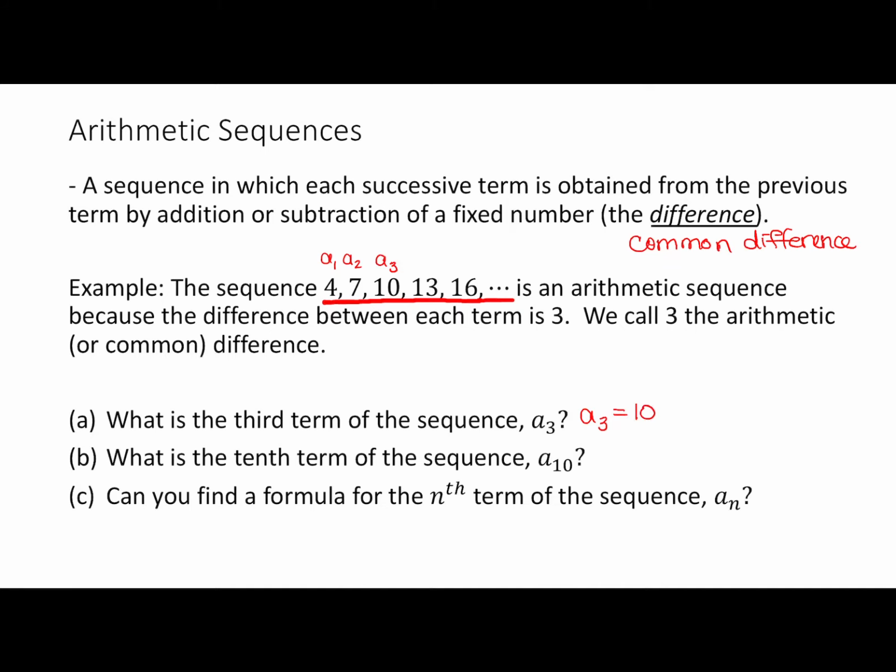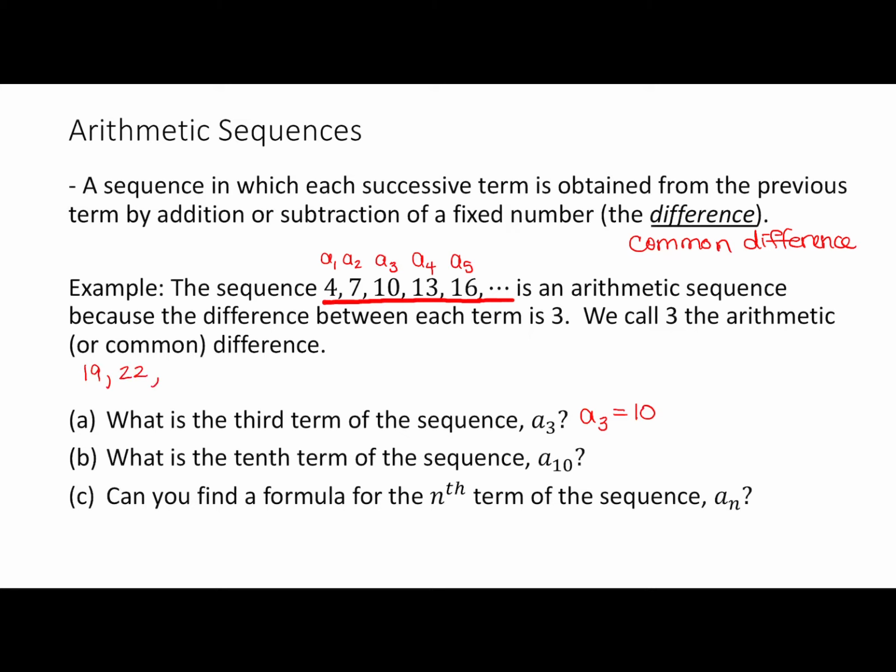What about the 10th term of the sequence? Well, we could keep going. This isn't too far. A3, A4, A5. So I'm going to do some scratch work here. So after 16, I'm going to get 19, and then I need to add 3 to that.